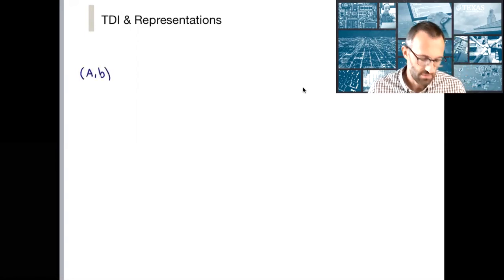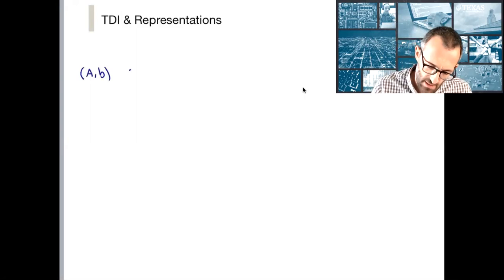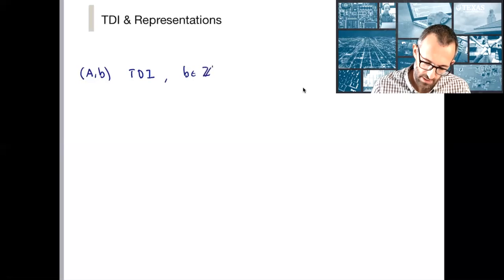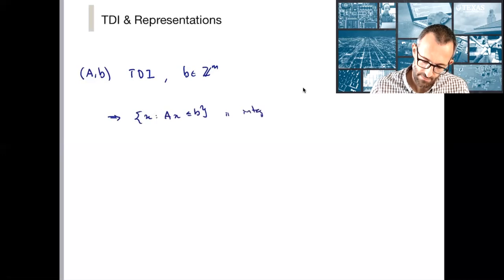We saw that by the definition, if Ax ≤ b is a system that is TDI, and in particular b is integral, then this implies that this polytope is integral. That is the main property of the definition. But the converse does not need to hold.